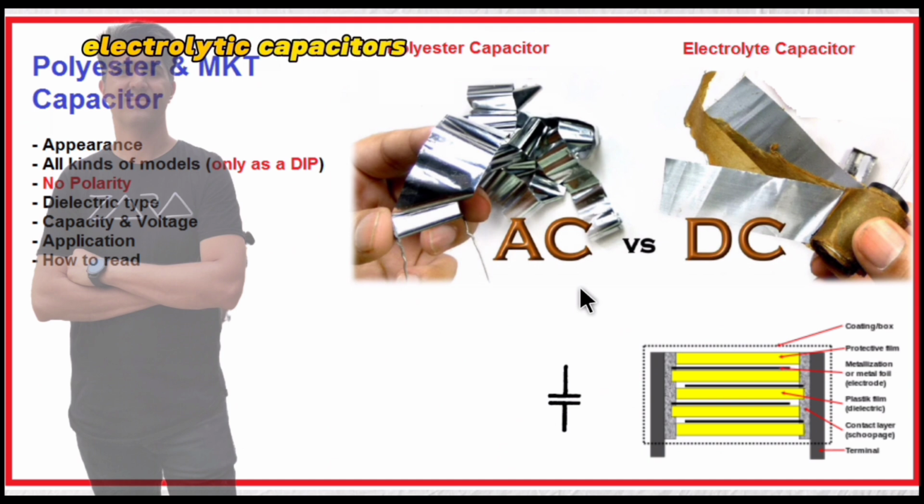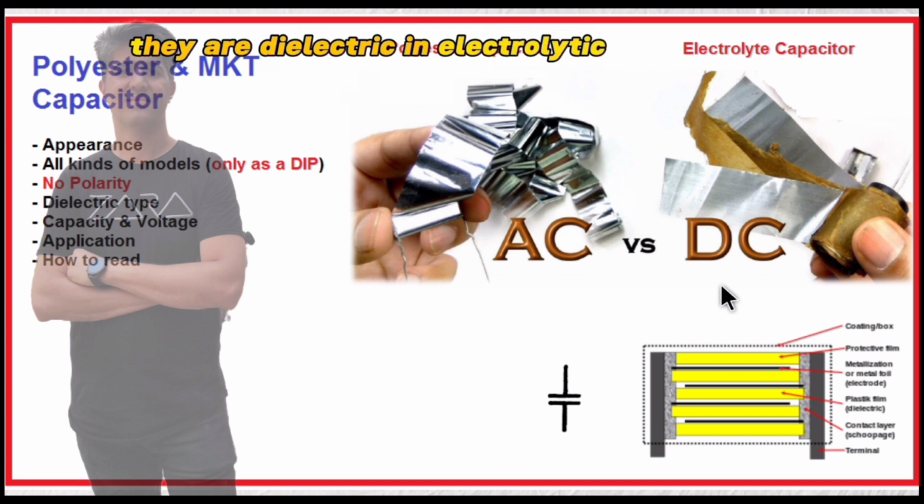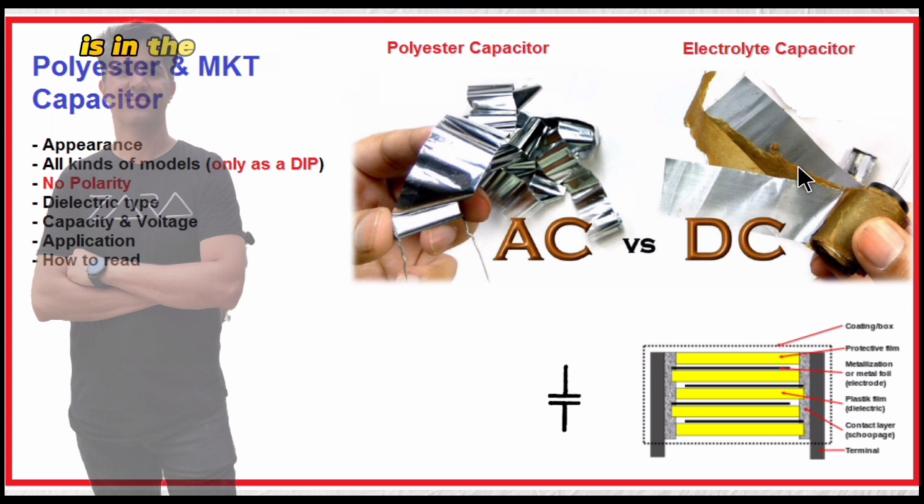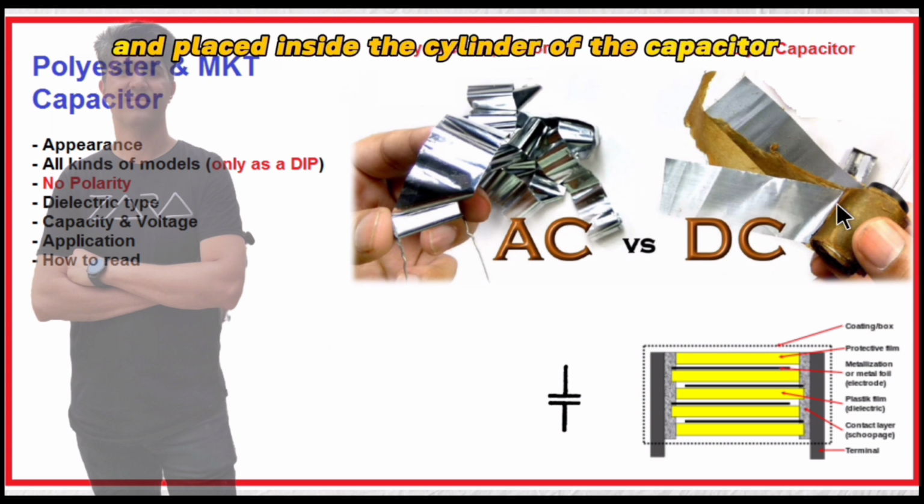Electrolytic capacitors usually have a high voltage level in terms of voltage. Their dielectric in electrolytic capacitors is in the form of two conductive plates and a paper. It was wrapped and placed inside the cylinder of the capacitor.